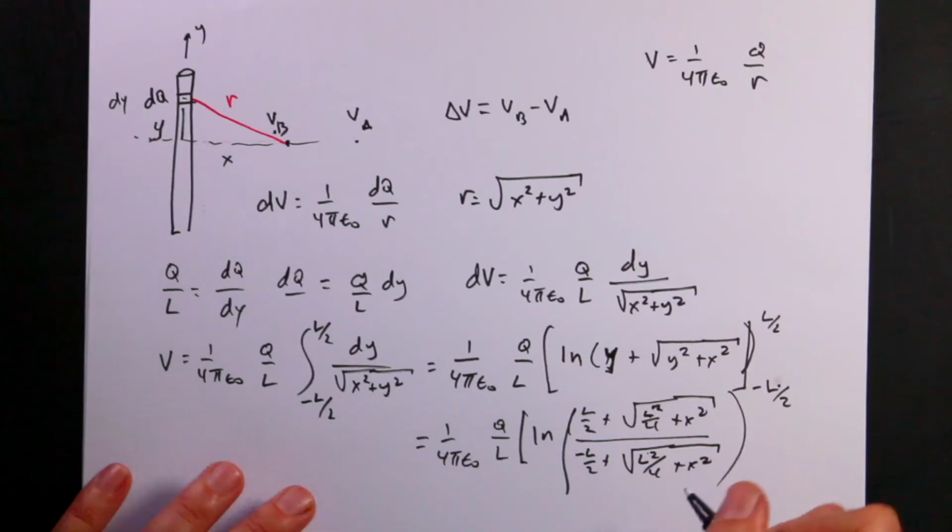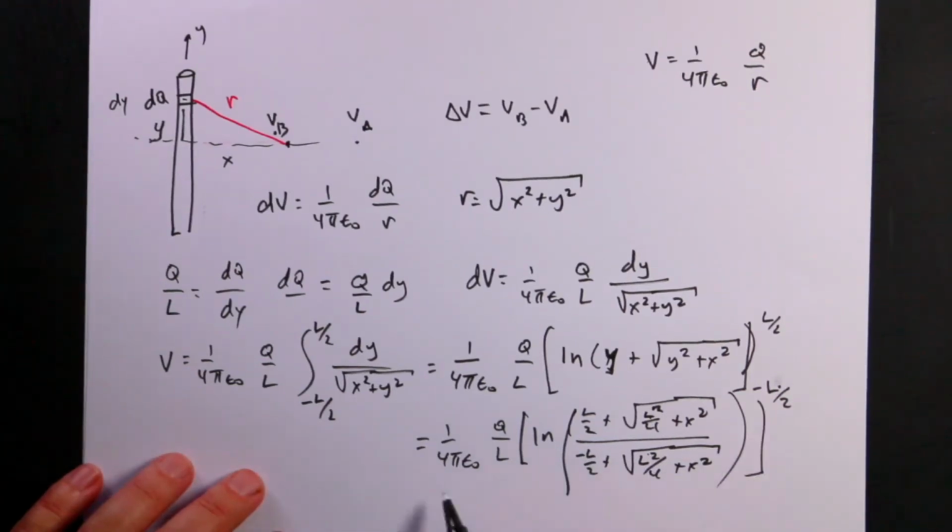So you can approximate this and get some answer, but I'm not gonna. I'm gonna put this into my calculator twice, into Python twice, and I'm gonna find the change of potential. Okay, it looks complicated, but there is an important point that I want to show you.